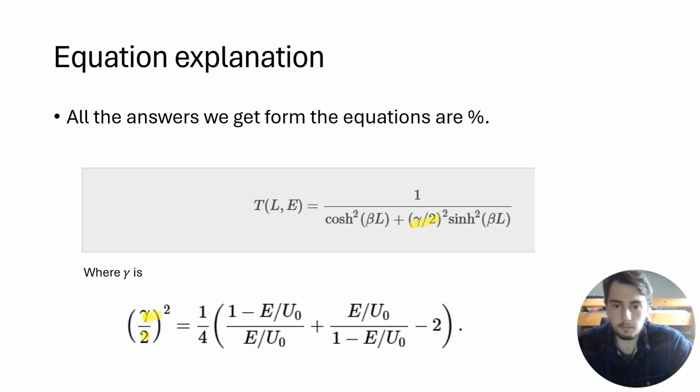So we get a percent chance of this particle tunneling, and what the percent chance is that it's going to be on the other side. And we can see a big part of this is going to be the energy and the potential energy, right? So if that potential energy barrier is really, really close to what the potential energy of this particle has, you're going to get a way higher percent chance that it's going to tunnel its way to the other side.